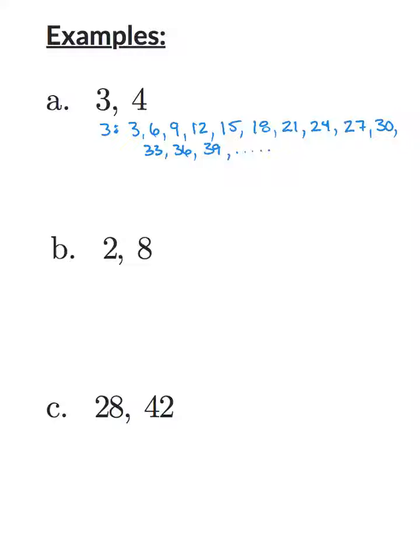Alright, so that's 3. So let's work with 4. Same thing, I want to multiply. 4 times 1 is 4. 4 times 2 is 8. 4 times 3 is 12. 4 times 4 is 16. 4 times 5 is 20. 4 times 6 is 24. 4 times 7 is 28. 4 times 8 is 32. 4 times 9 is 36.